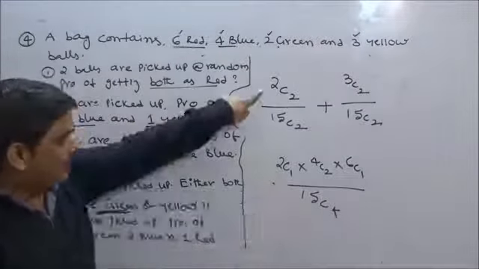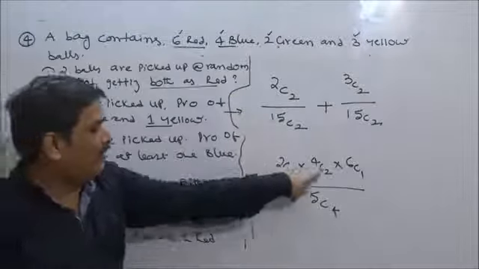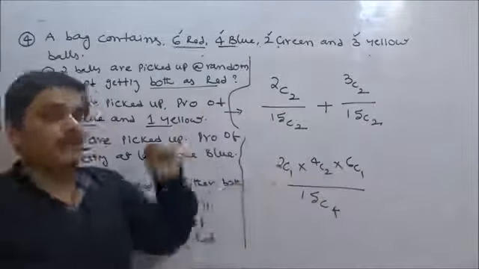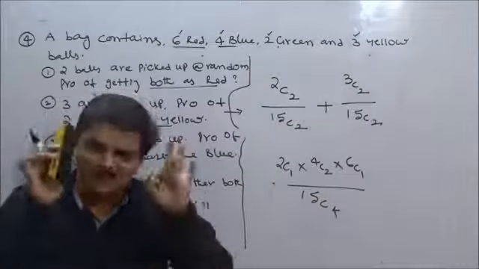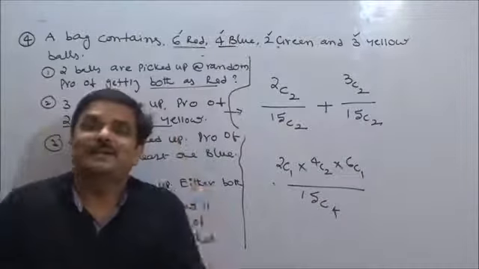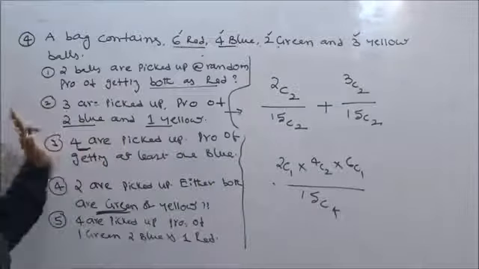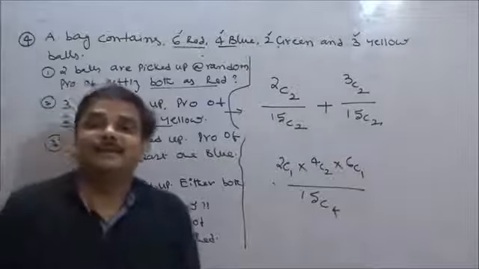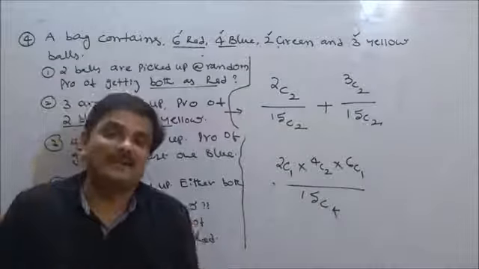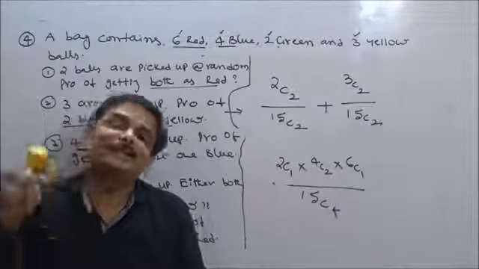The difference between this question and the previous question: here it is an AND condition, but in the previous question that was an OR condition. Hope you must have understood the question. This is the way to use the combination concept while measuring the uncertainty or taking the probability. Alright, now move on to the next question.